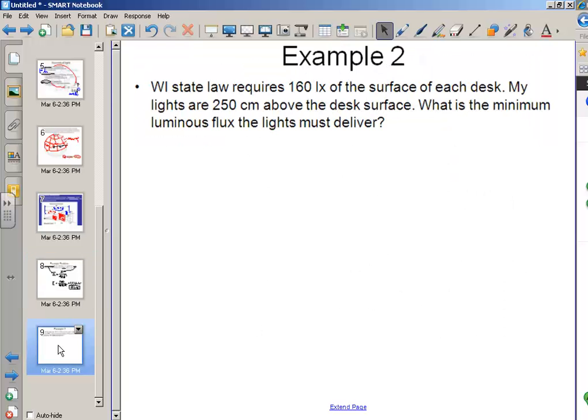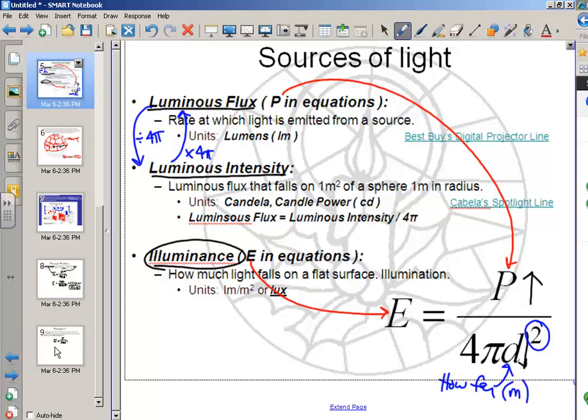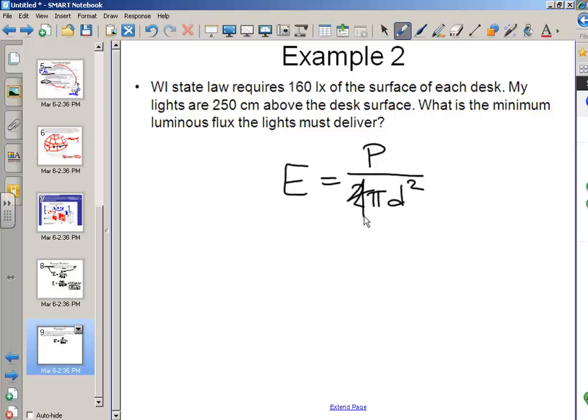And then lastly, example number 2. Wisconsin state law requires that we have 160 lux on our desks. I think I got that equation right. Oh, 4 pi d squared. So 160 goes here.